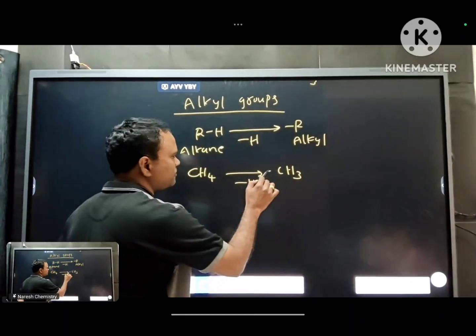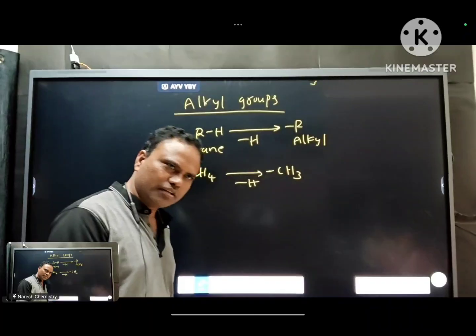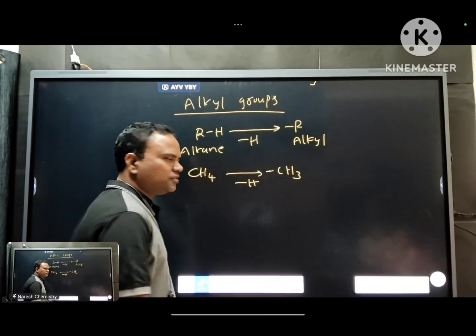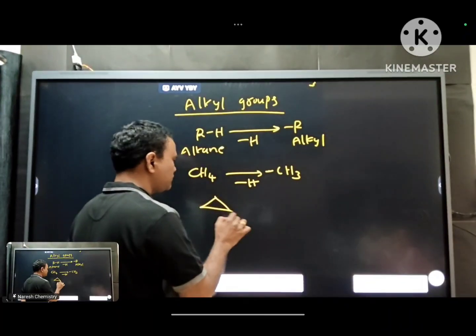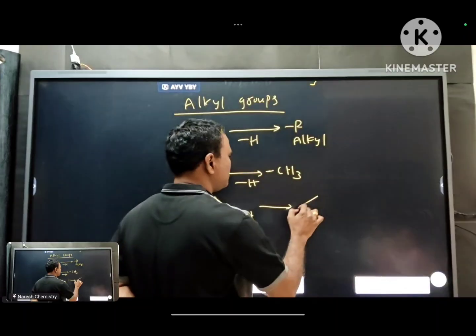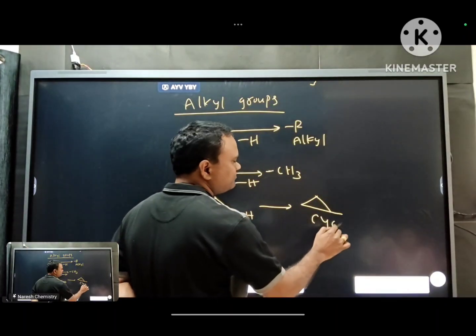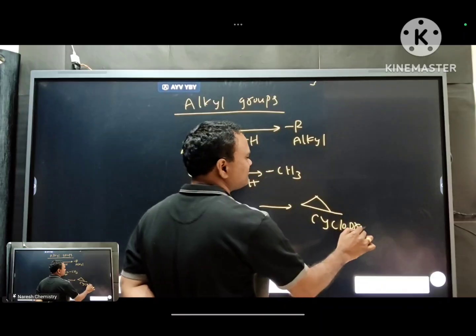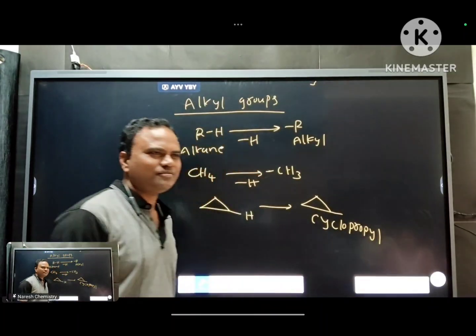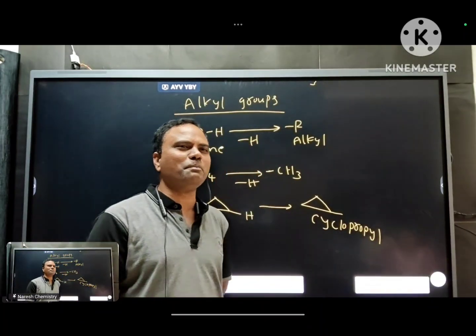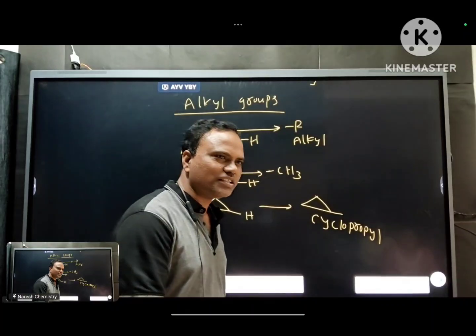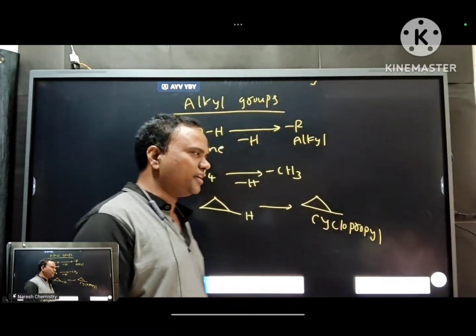Ethane, ethyl, propane, propyl, cyclohexane, cyclohexyl, cyclopropane. Here one hydrogen is there. Now what about this? Tell me. I removed hydrogen. Then cyclopropyl. Cyclopropane, cyclopropyl, cyclohexane, cyclohexyl.